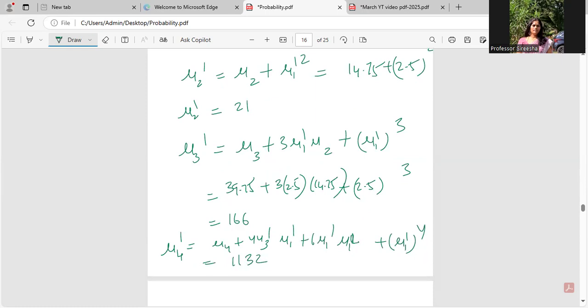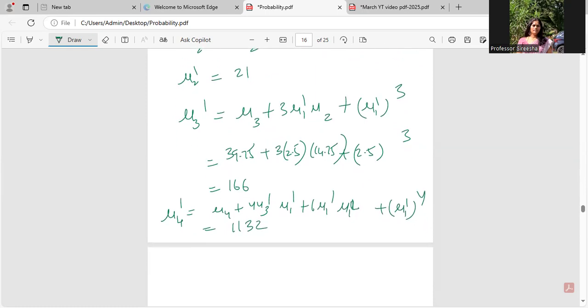Now moments about x equal to A. How will I calculate? That's very easy. Already I have calculated about x equal to 4. The last thing is about x equal to 2. Mu1 prime is equal to x bar minus 2. X bar is 2.5, minus 2 is nothing but 0.5. So mu1 prime is 0.5.